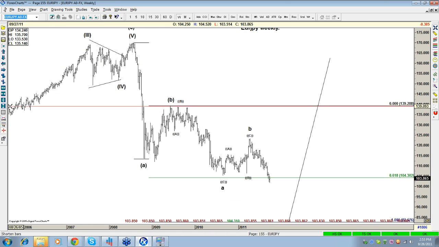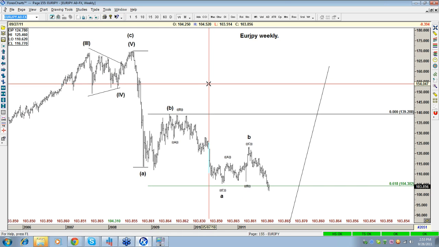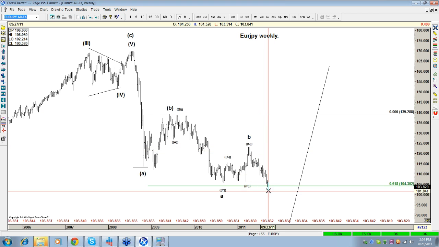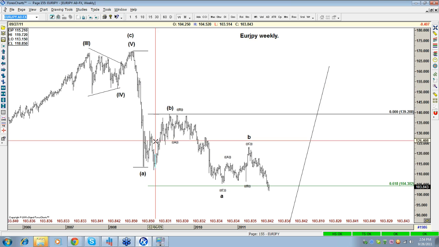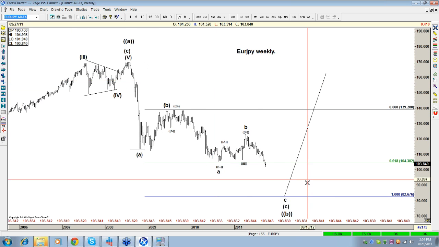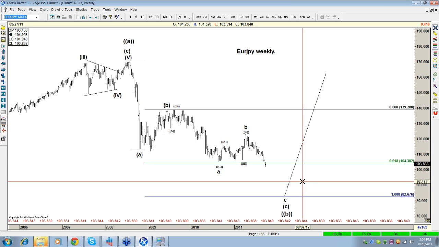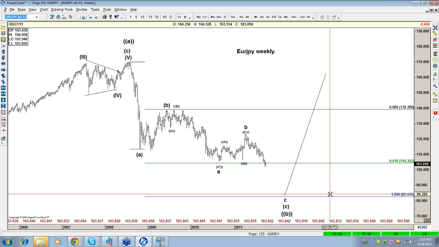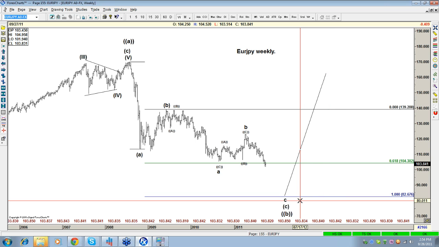Okay, this is the euro yen weekly chart. Of course, it's coming from around the 618 of this leg, but I truly believe that the euro yen is gonna look, I'm gonna sound crazy, maybe I'm the only one saying that, but I believe that the euro yen is looking for 82.